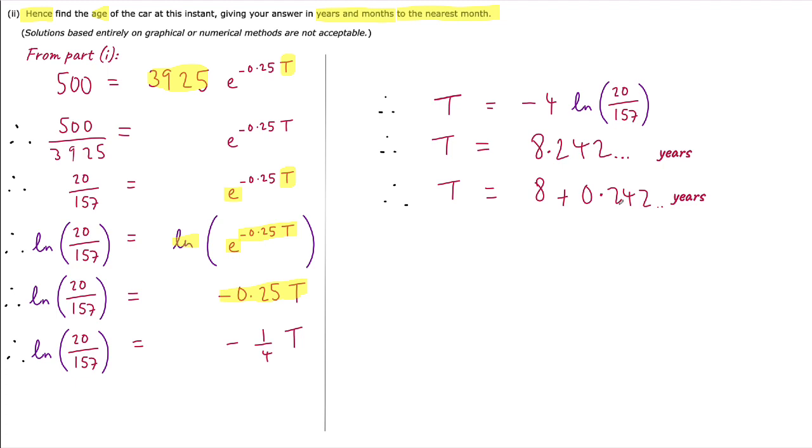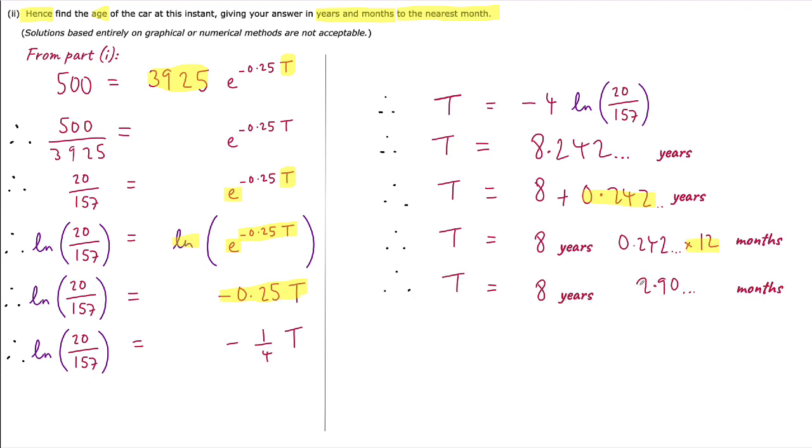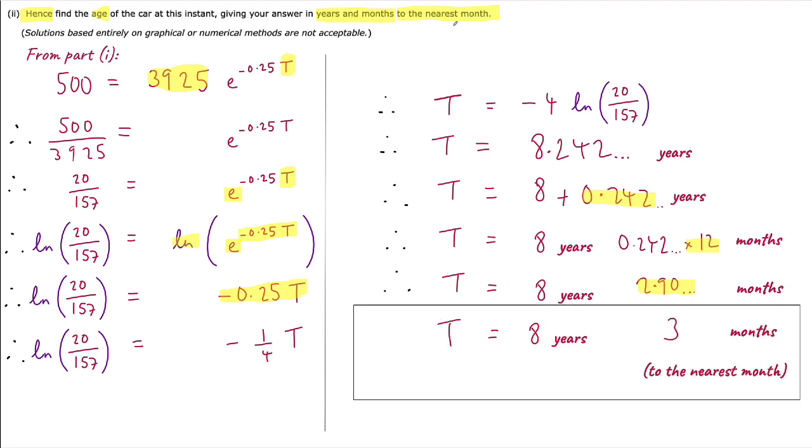And to convert this decimal into months, we just need to remember that there are 12 months in a year, so we just multiply it by 12. That leads to this result here. And now I need to round this to the nearest month. So the answer is 8 years and 3 months to the nearest month.